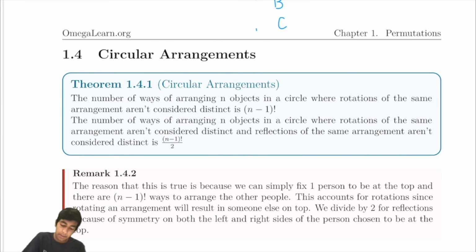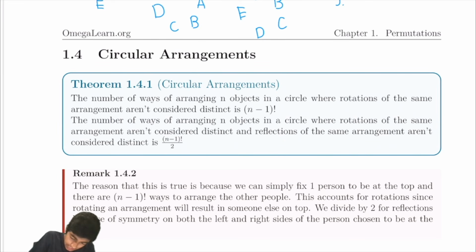Let's say we have 5 people in a circle. So you would think it's just 5 factorial. But if rotations don't matter, then all the cases where somebody different is at this top position over here, we could rotate it so that E is now on top, and then it's E, A, B, C, D. Or we could rotate it so that D was on top, so then it's D, E, A, B, C. The point is, this letter over here, it can be anything.